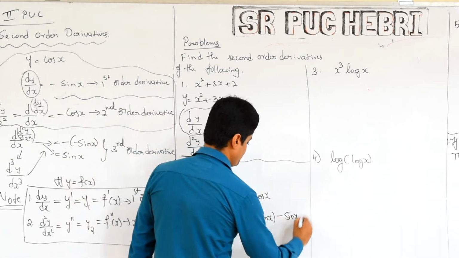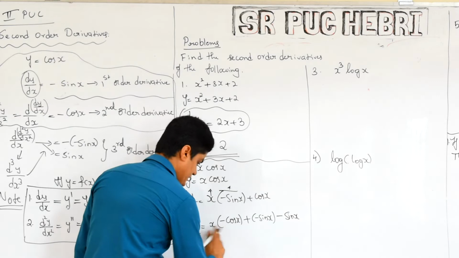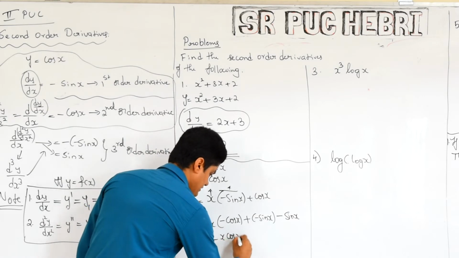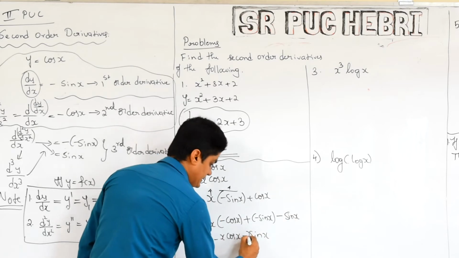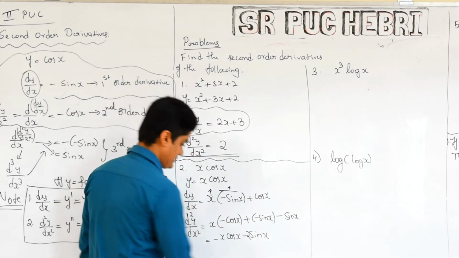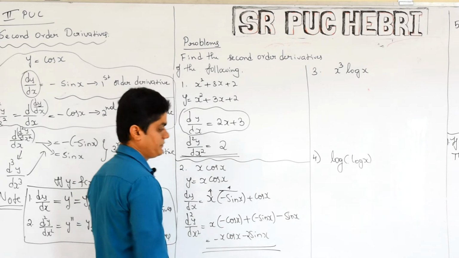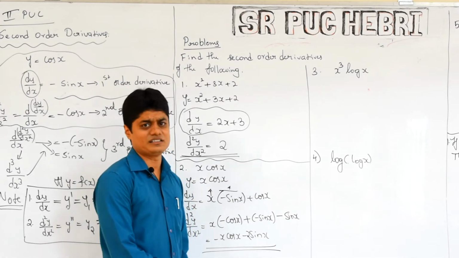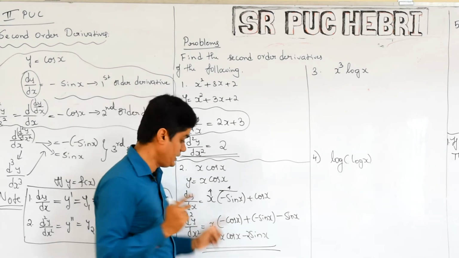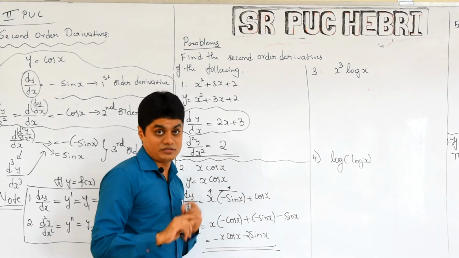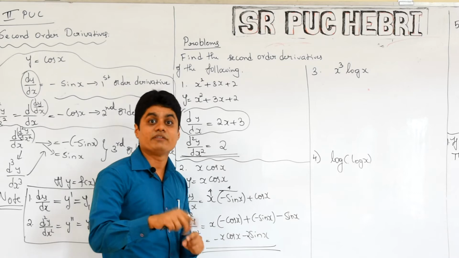Minus sin x. So rearranging, minus x cos x minus sin x minus sin x. When minus sin x comes two times, it becomes minus 2 sin x. So this will be the final answer. That's all, nothing difficult, just simple differentiation, but you are going to differentiate 2 times. Remember, differentiate 2 times, it does not mean write dy by dx 2 times.